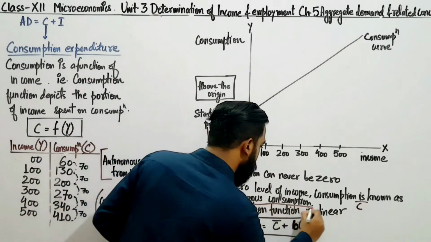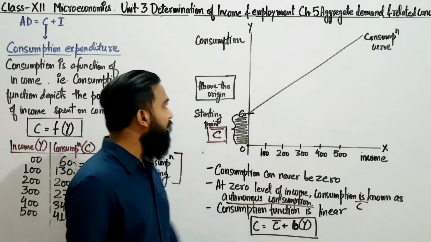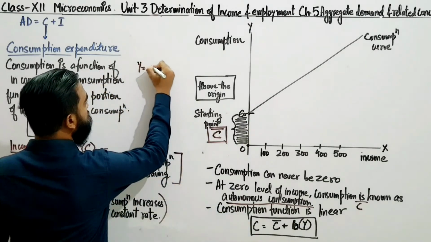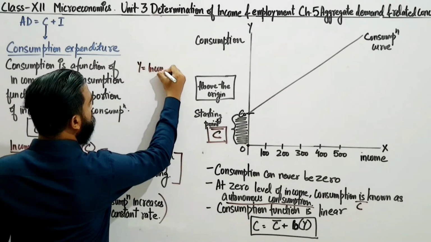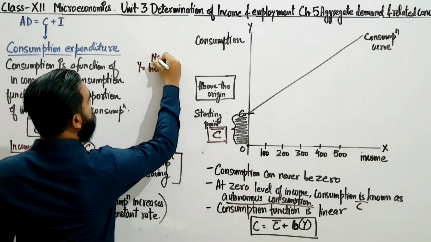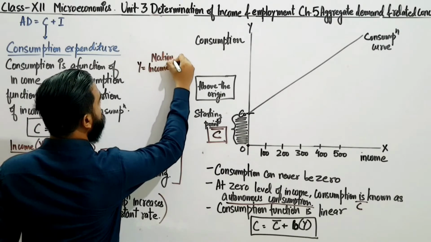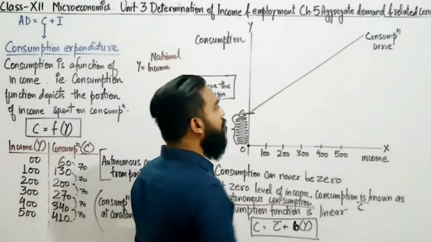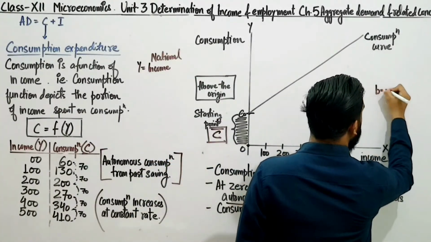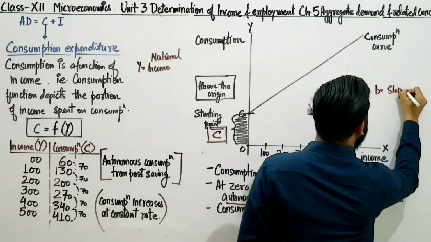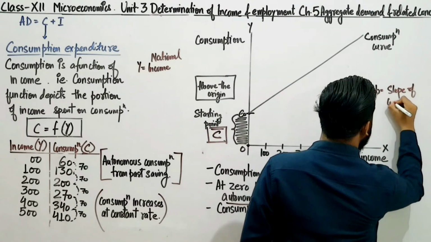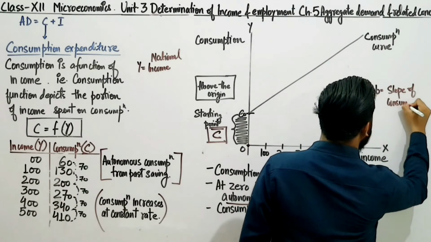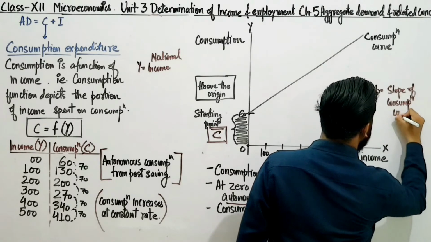Y means income or national income. And small b is your slope of the consumption curve.